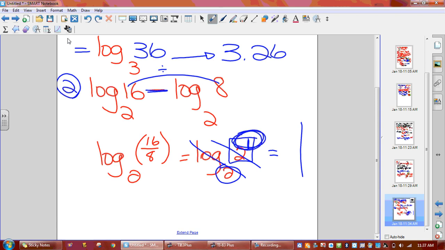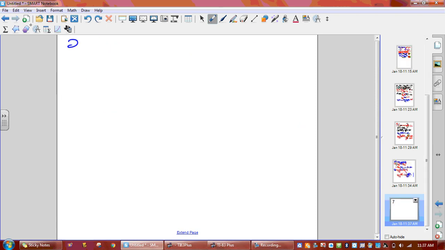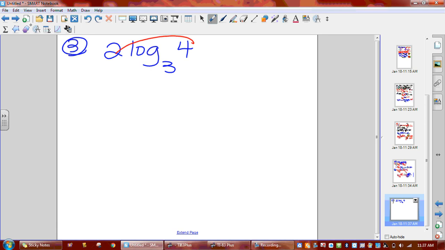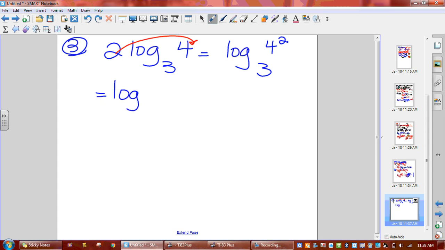So number 3, I've got 2 log base 3 of 4. The 2 is going to come on and act as an exponent to the 4. So this is going to become log base 3 of 4 squared. And then you would solve like normal. Okay? So we end up with log base 3 of 16, which are not bases of one another, so you're going to have to solve that one separately.